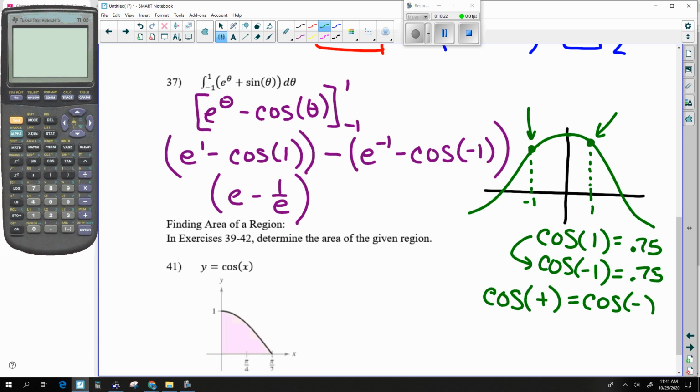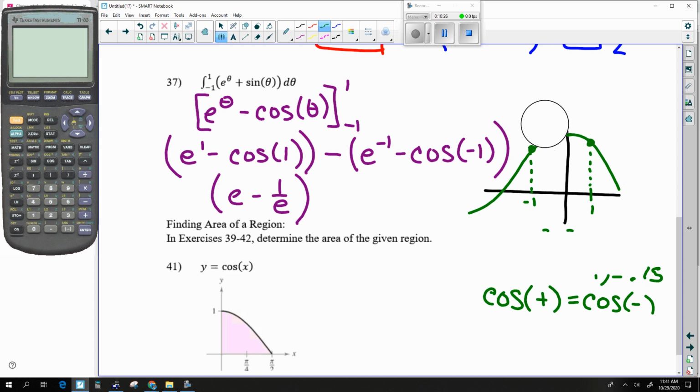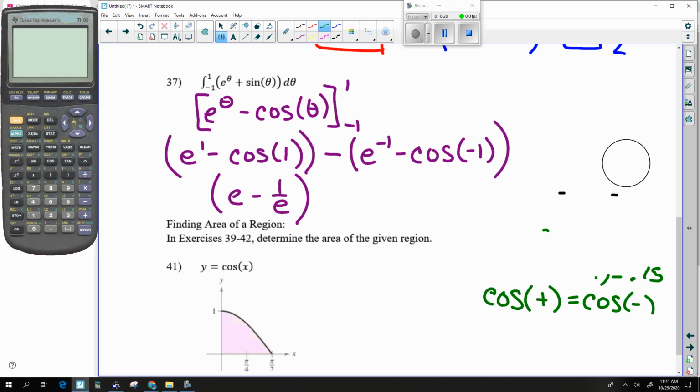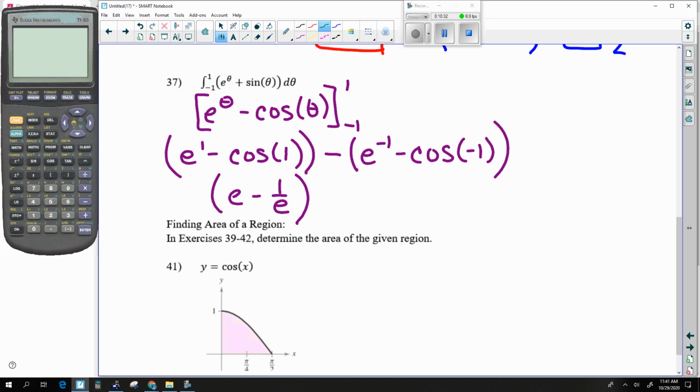They're the same thing. So breaking that down, I'm just going to write this as the cosine of 1, because it's the same thing.